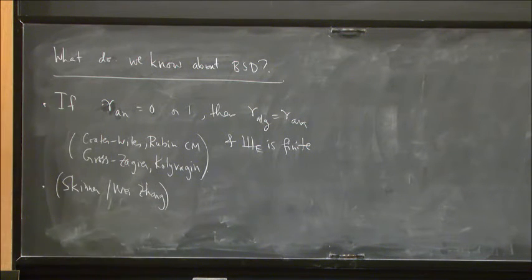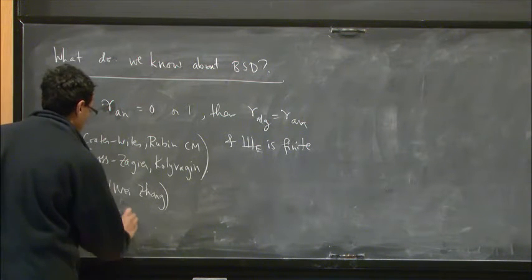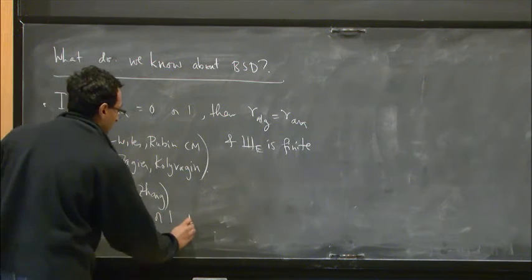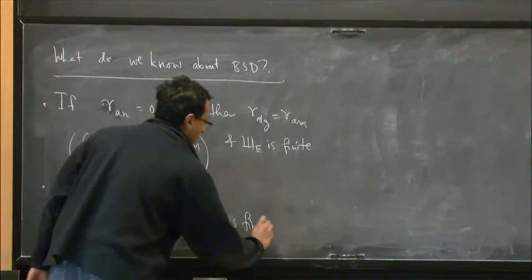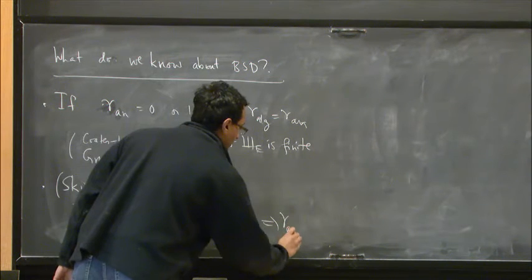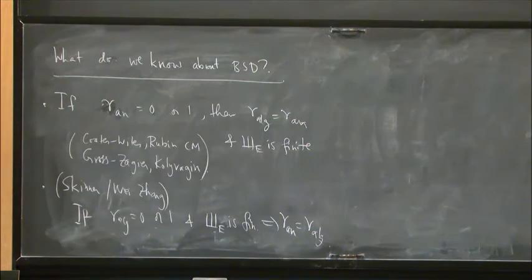And the converse says roughly that if the algebraic rank is 0 or 1, and if you know finiteness of Sha, then this implies the analytic rank equals the algebraic rank. And this condition can be weakened somewhat to some condition on the Selmer group, but it's not very important for us.